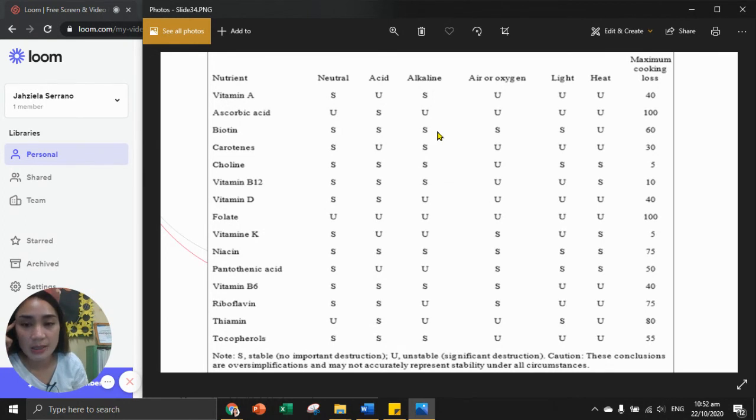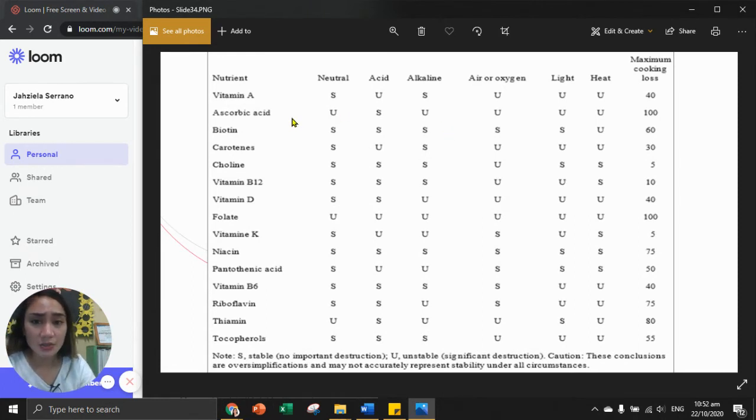What more if you expose it to fire, no? So, parang baliwala din kasi hindi mo rin mahihilom, no? Maybe meron lang hagod na feeling. However, I don't recommend na yung mga vitamin C rich foods such as fruits, you expose it to heat kasi baliwala lang, mawawala yung vitamin C.